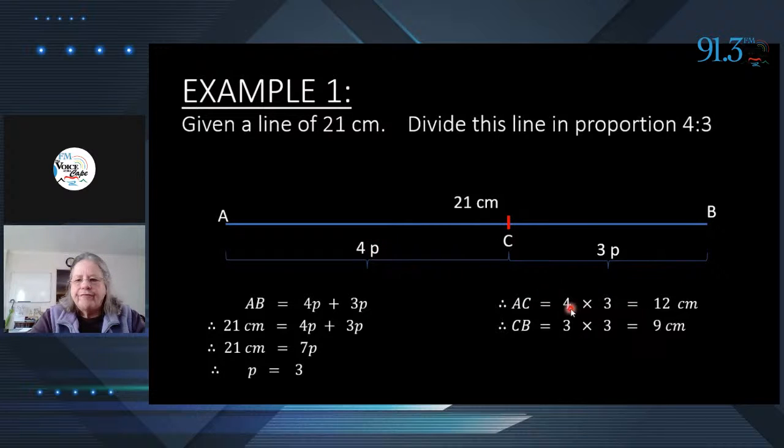So it is 4 times 3. So AC is 12 centimeters. And CB is 3P, 3 times P, which is 3. So CB is 9 centimeters. So please remember this concept when your problem has centimeters or meters mixed up with ratios.